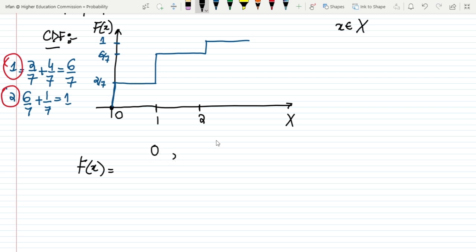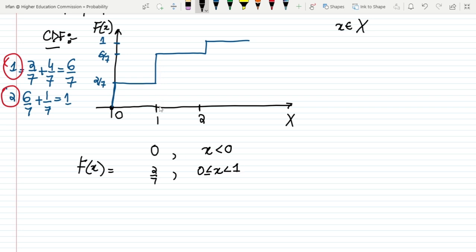It is 0 for all the values of x which are less than 0. Similarly, at 0, and in between 0 and 1, it will be 2 by 7. So let me write 2 by 7, for x greater than or equal to 0 and less than 1.